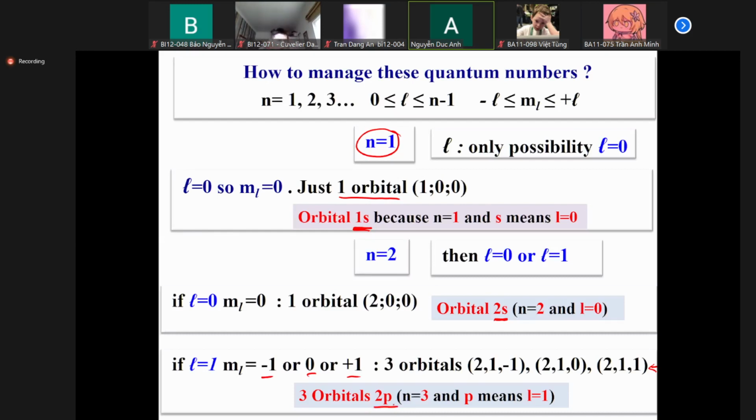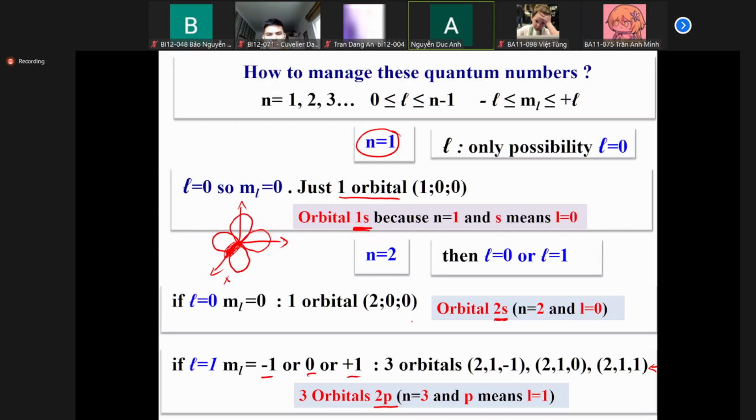These 3 orbitals 2p can be considered in a coordinate system. The first orbital stays along the x axis, the second one along the y axis, and the third one along the z axis.